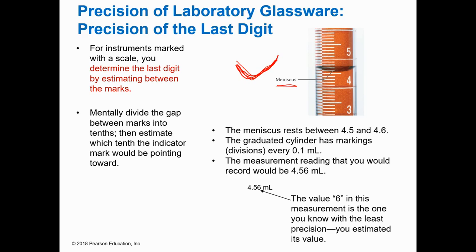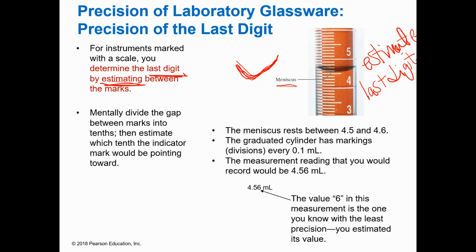From here, we will always estimate the last digit when we're measuring. So this shows to the 10ths place, we need to read it to the 100ths place because we're estimating the digit after. Even if it is directly on the line, you need to estimate that as a 0.